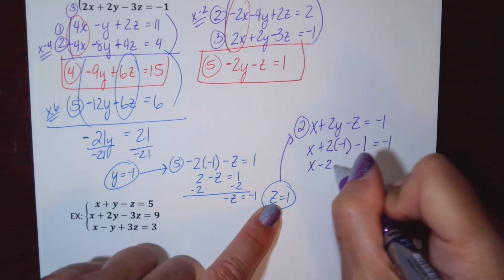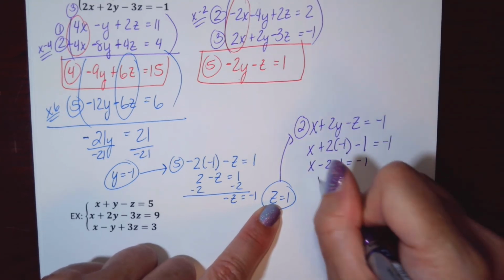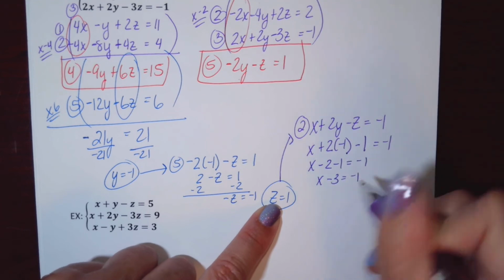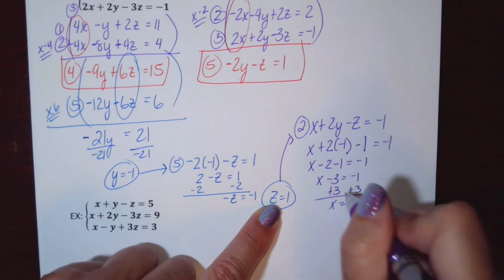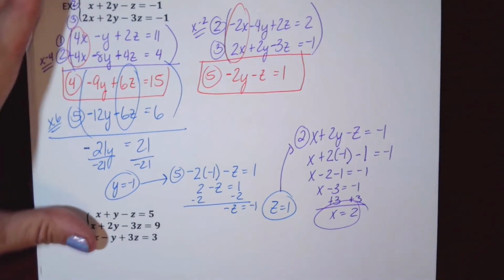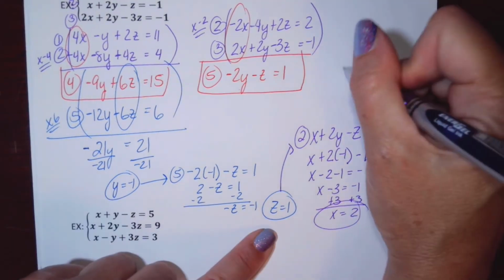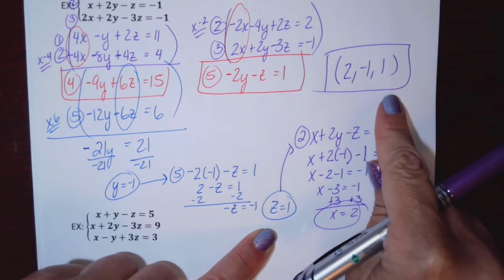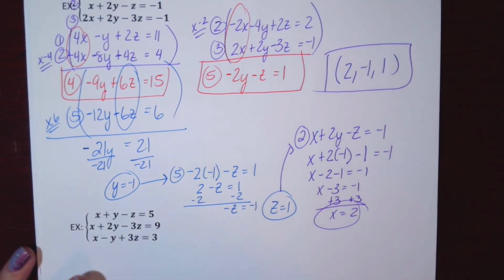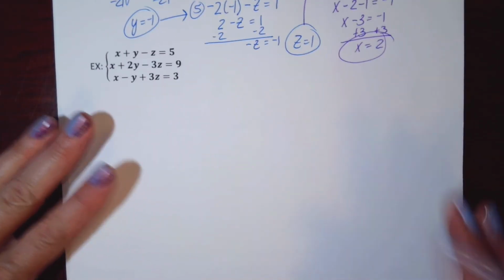So x minus 2 minus 1 equals negative 1. X minus 3 equals negative 1. If I add 3 to both sides, I get that x is 2. There we go. Alright, x, y, z as an ordered triple. And that's my solution. Consistent system. One solution, so it's independent.